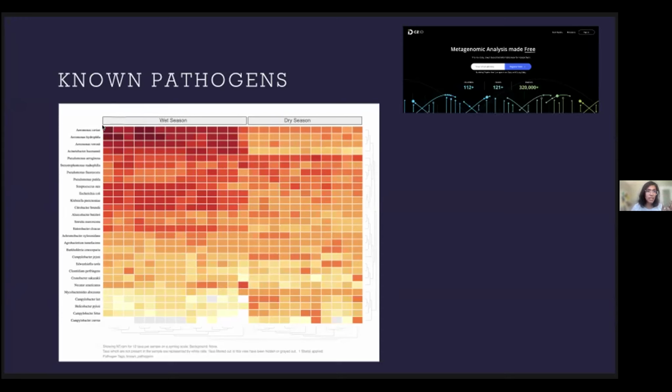So in the wet season we had so many samples, and in the dry season we had so many samples. You can clearly tell from this figure that some pathogens are more prevalent in the wet season than in the dry season, right? I'm hoping you can see it's more red in the wet season than in the dry season, as you would expect, because the flu season is coming up, and we tend to all fall more sick in the wet season than in the dry season.